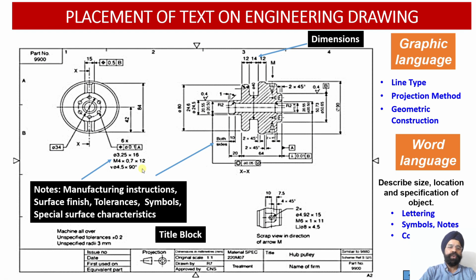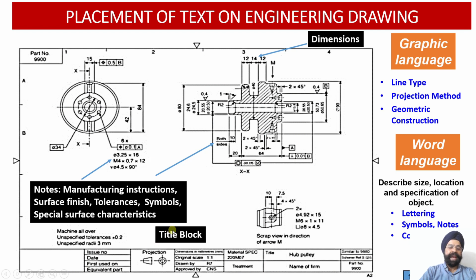Similarly, we need to put down a lot of notes onto our engineering drawing to reflect the surface finish requirements as well as to depict the tolerance requirements of the given sections of the product. This way there are many symbols also which will be required to be added onto the drawing to give us the complete illustration regarding the specific detailed specifications of the product which is to be manufactured.